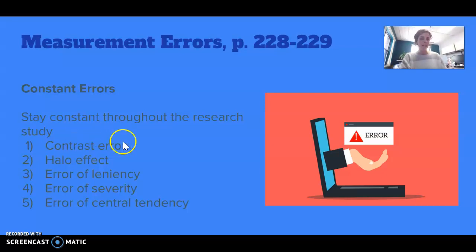So there might be a contrast error, where the researcher or the person giving the tool is viewing the participant in contrast to them. So the researcher sees themselves as one way, and the participant is the opposite, based on some characteristics. That would be some countertransference.